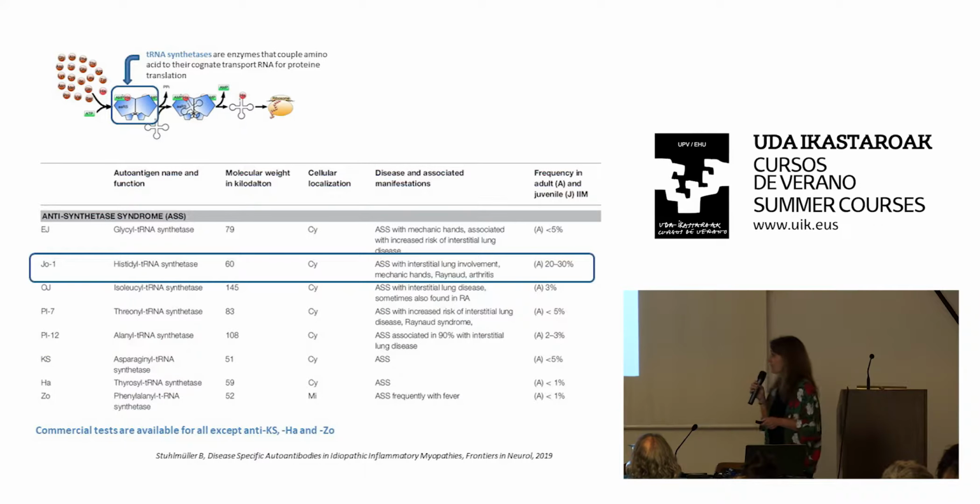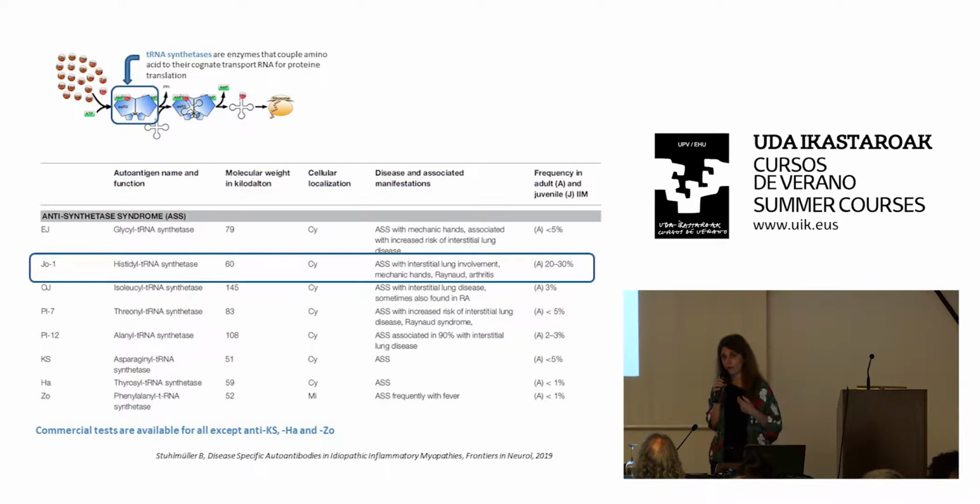And here is the family of the autoantibodies that have been described in the antisynthetase syndromes. The Jo1, as I said, is the most prevalent, as you can see here, associated with the prototypic antisynthetase syndrome. But as you can see, there are also other autoantibodies, and as said by Christina, PL12 and PL7 are very interesting autoantibodies to detect because they are clearly associated with a more severe form of interstitial lung disease.